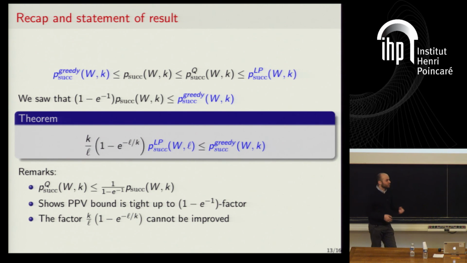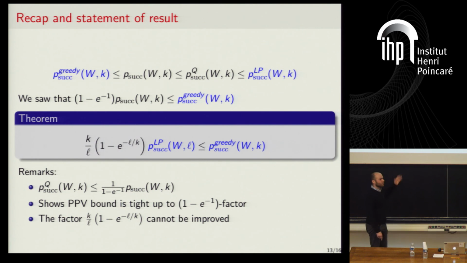For that, we give an improvement of this inequality and show that even this 1 minus 1 over e factor holds between the leftmost part, the greedy, and the LP part. The ratio between the greedy and the LP is 1 minus 1 over e.